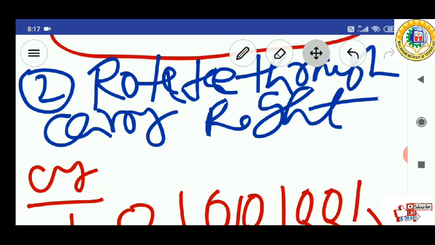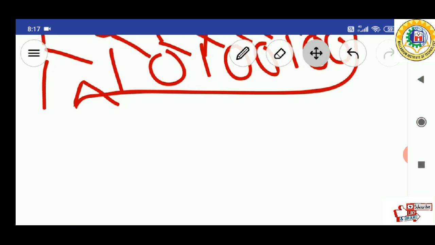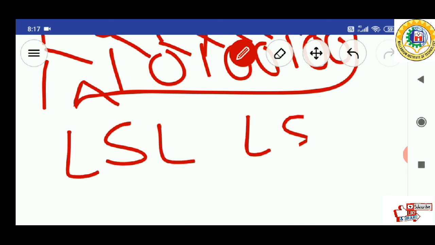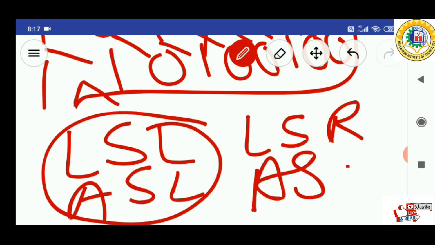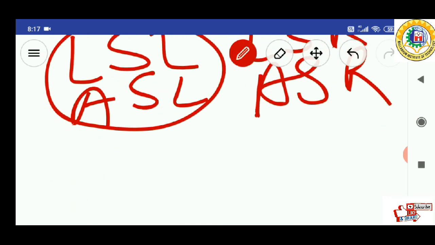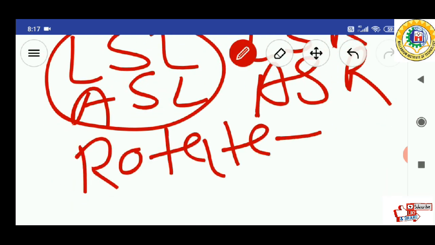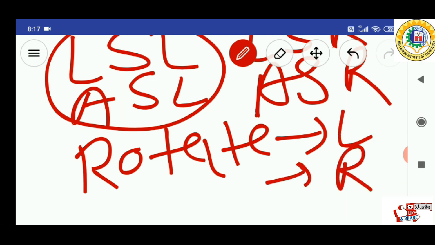So we have discussed all the 8 operations. First is logical shift left and logical shift right, arithmetic shift left, these two are the same, and arithmetic shift right. Next we discussed the rotate operation, which is composed of rotate left and rotate right.